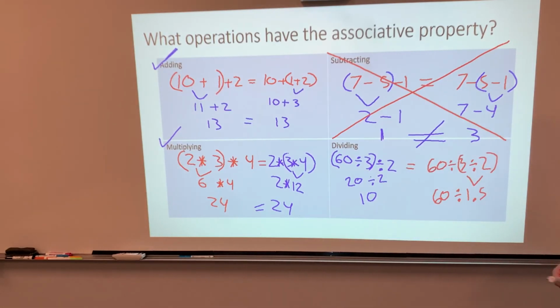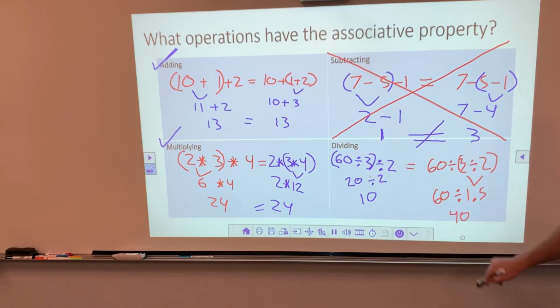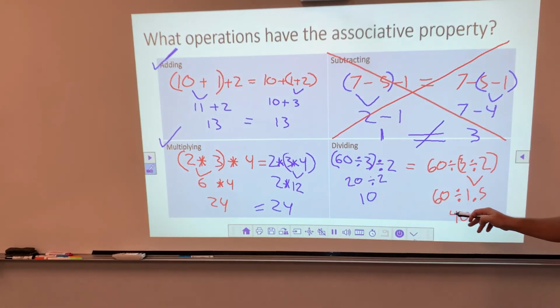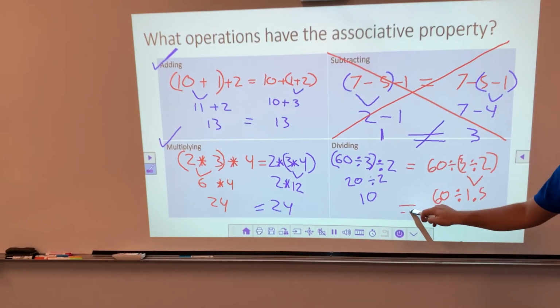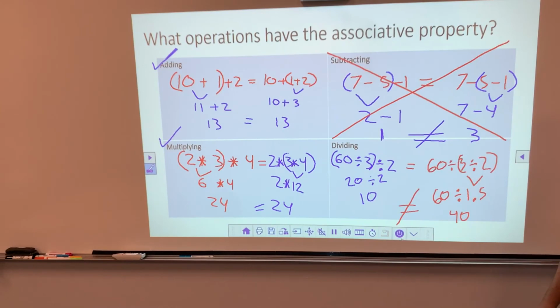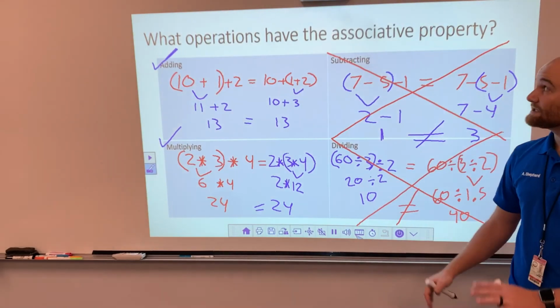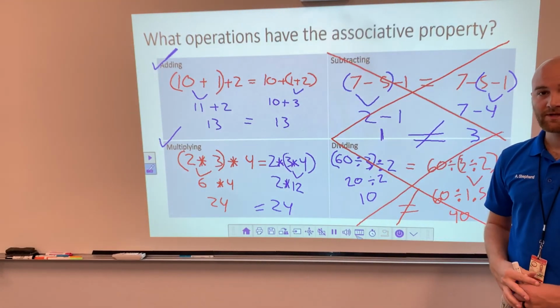In fact, if I do 60 divided by 1.5, I'm going to end up with 40. So because I can see that 10 and 40 are not the same, that means that dividing doesn't have the associative property.